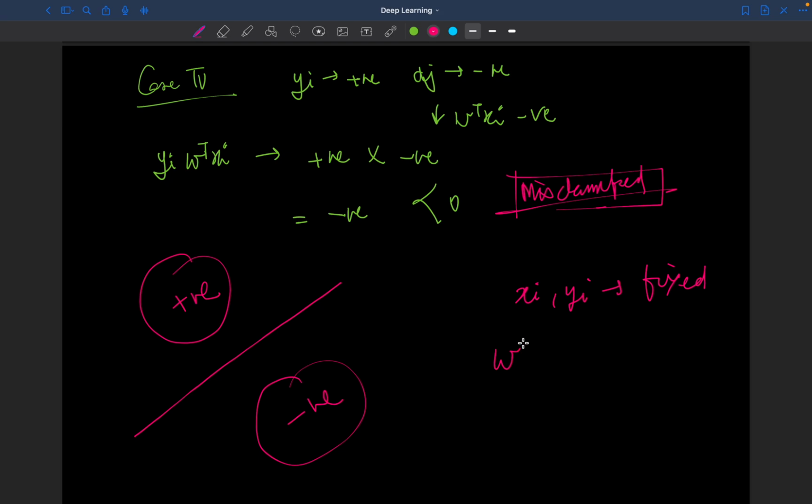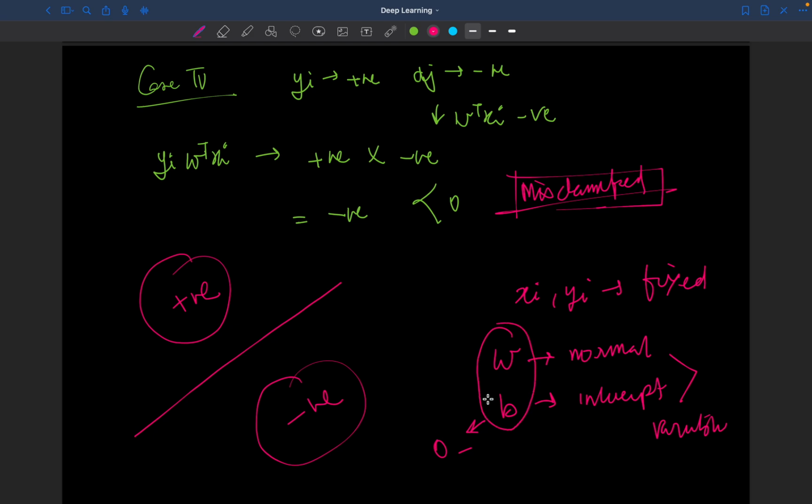What is variable is w, that is our normal, and our intercept. Here we just consider that it is passing through the center, hence b equal to 0. These two are variable. So our key goal is to find these two.